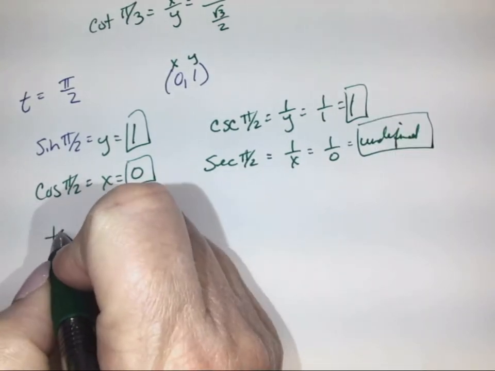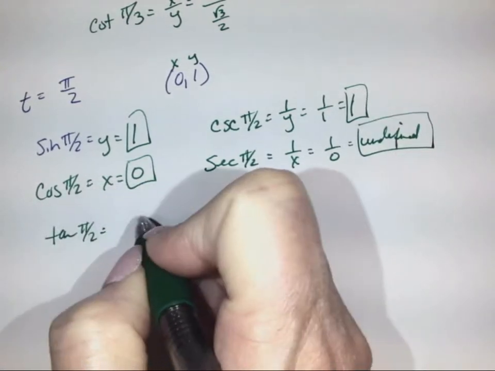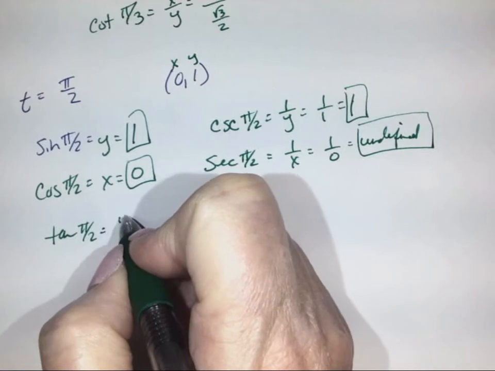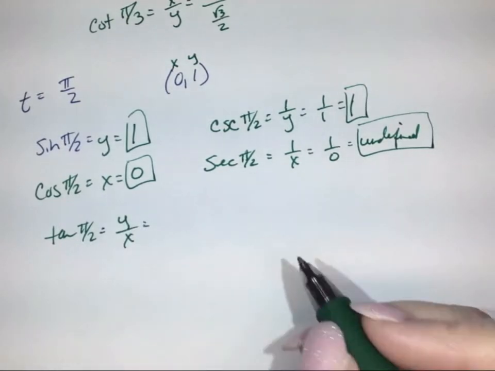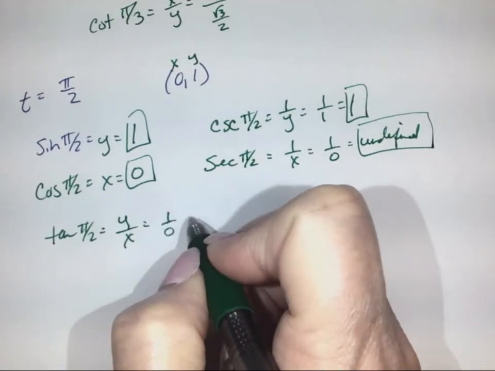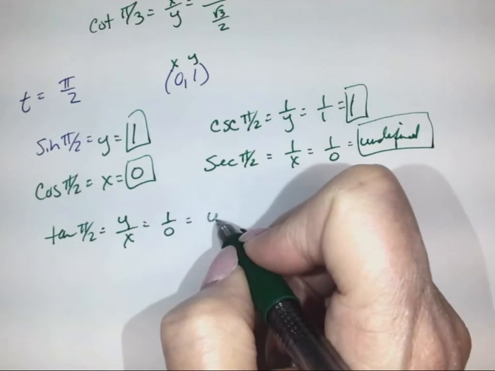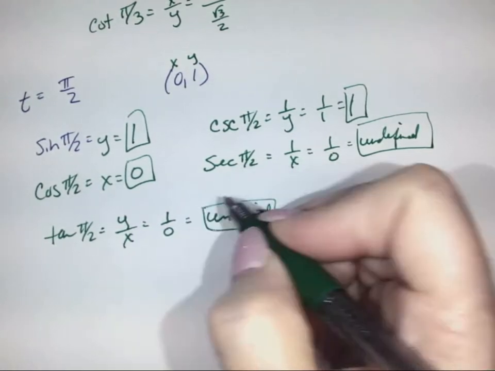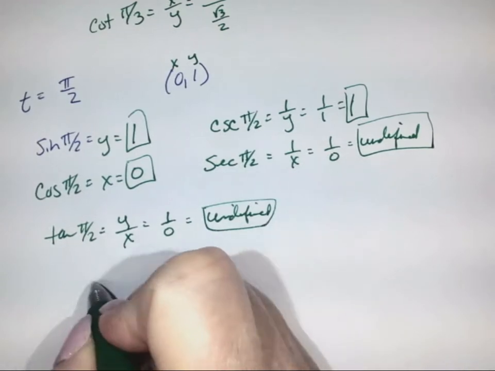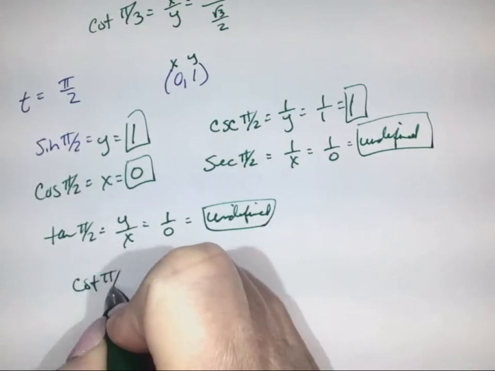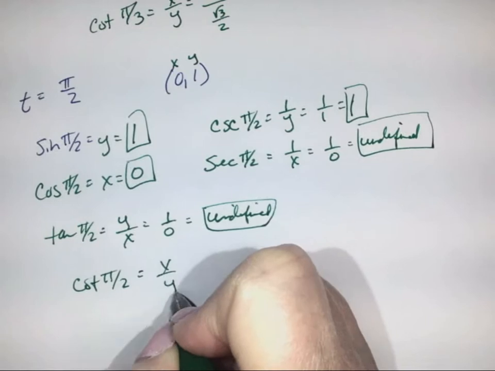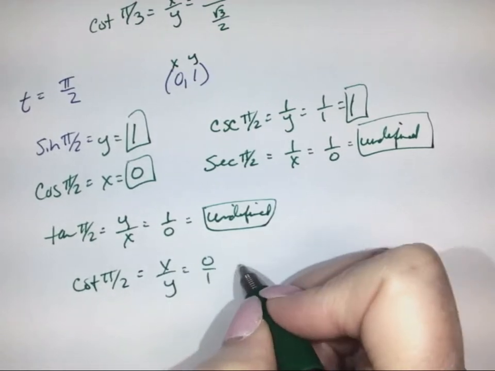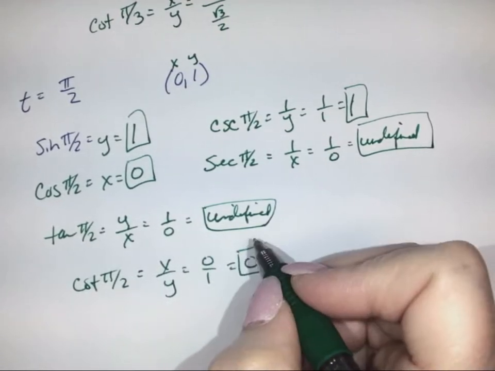So now we need our tangent of pi over 2, which is equal to y over x. So that will be 1 divided by 0, which is going to be undefined. And then we need our cotangent of pi over 2, which is x over y, which is 0 over 1, which is equal to 0.